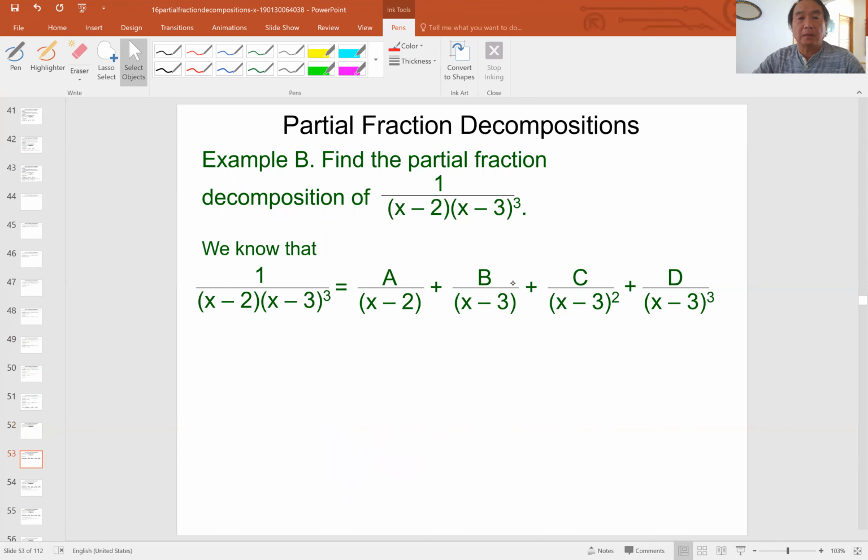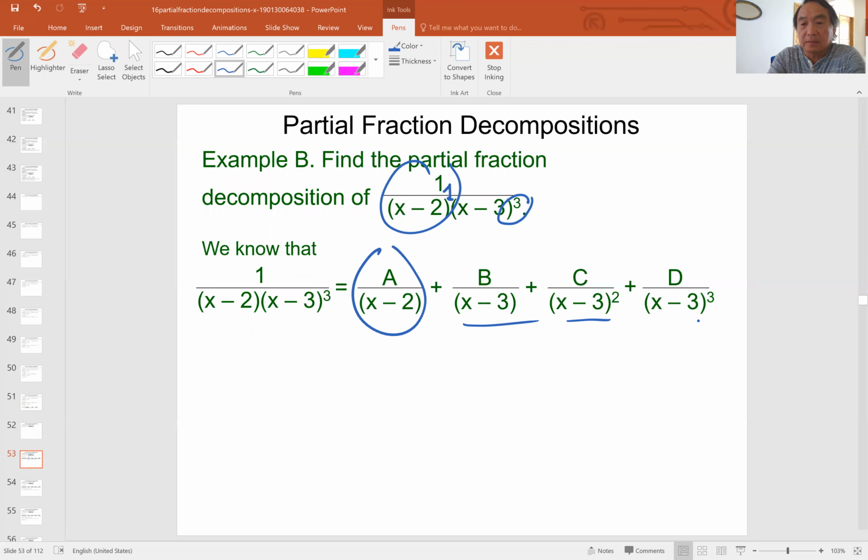Now we know what the form of the decomposition shall be. There shall be 4 fractions. This one is to the first degree, therefore there's only one of these. And there's a third degree of that, therefore there are 3 of those.